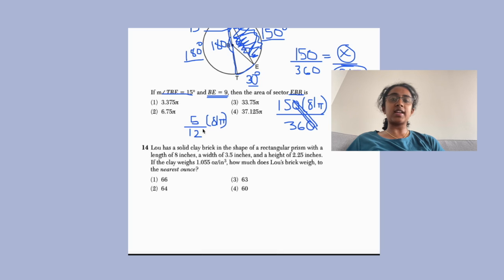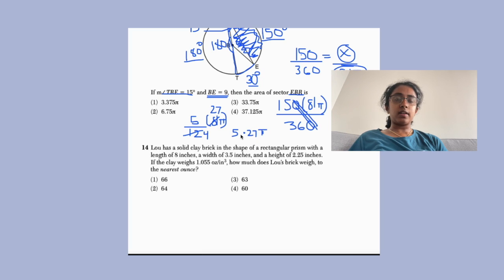So 3 times 4 is 12. 3 times 27 is 81. So then we have 5 times 27 pi over 4. What is 27 times 5? You can easily plug this into a calculator. 5, 30, 135. So it's 135 pi over 4.